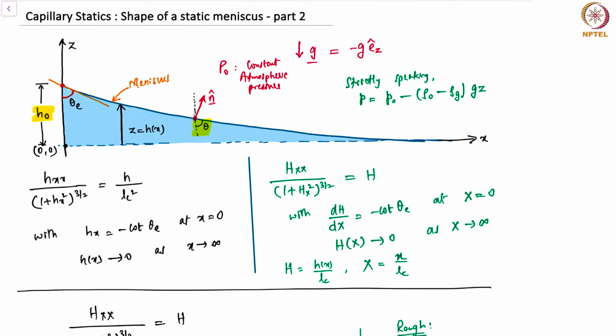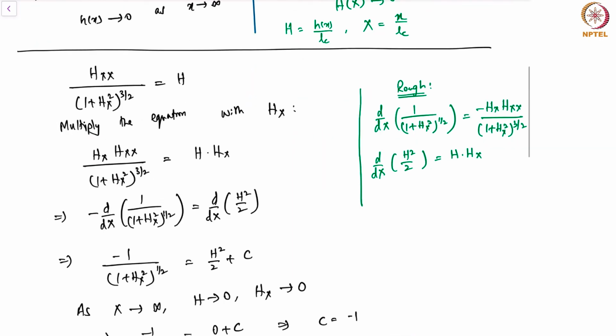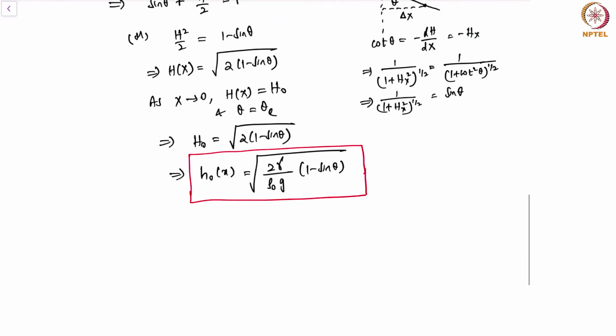The point at which the fluid makes contact, h naught, is now given completely in terms of capillary length and the angle, the contact angle at the wall, right? So let's call this equation 2.